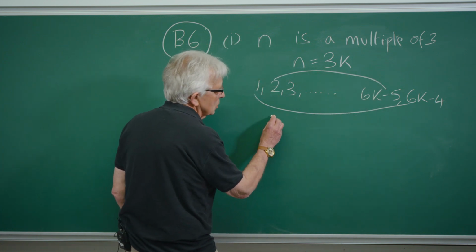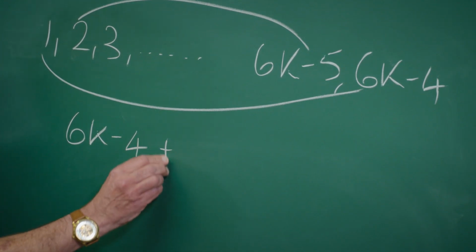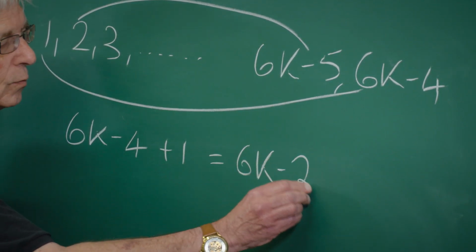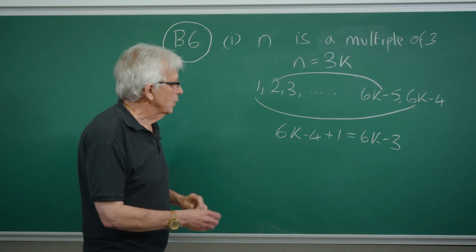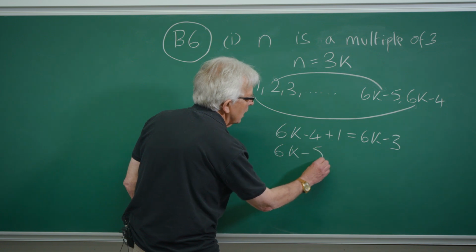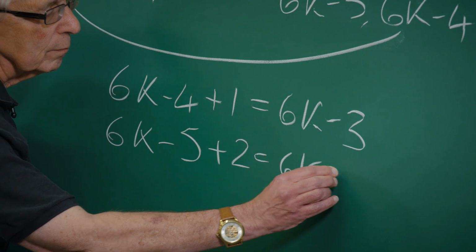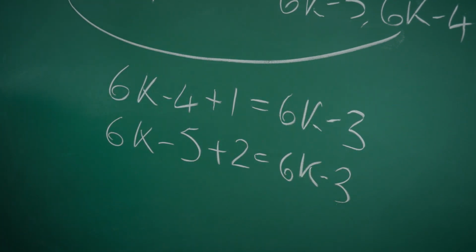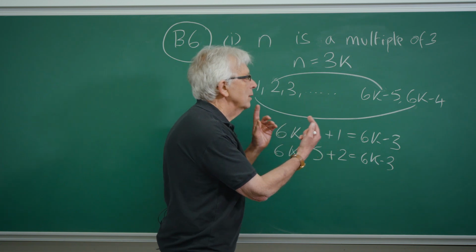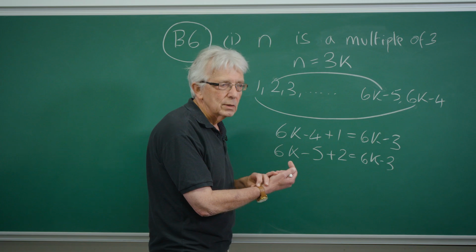And if we look at those pairs, we've got 6k minus 4 plus 1, which gives us 6k minus 3. And if we look at the second pairing here, which is 6k minus 5 plus 2, we get the same result as well. In fact, if we look at every pair that's there, the larger number goes down by 1 and the smaller number goes up by 1, and therefore the sum will always remain the same.